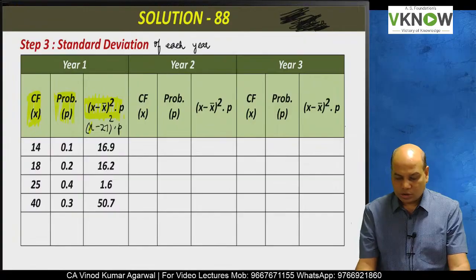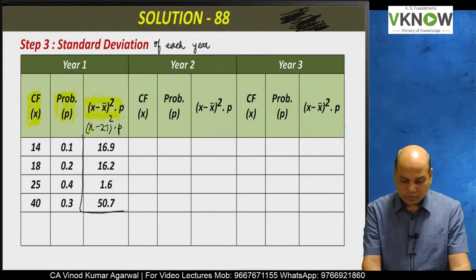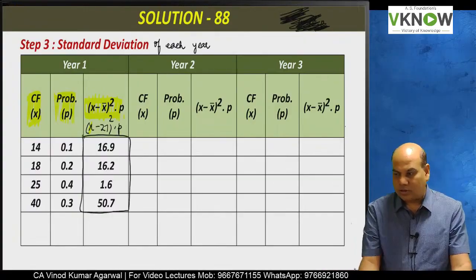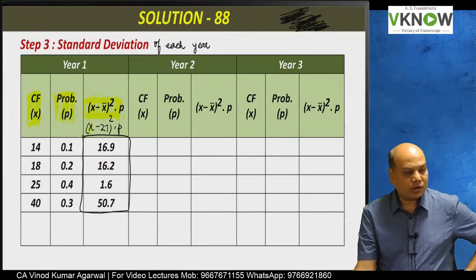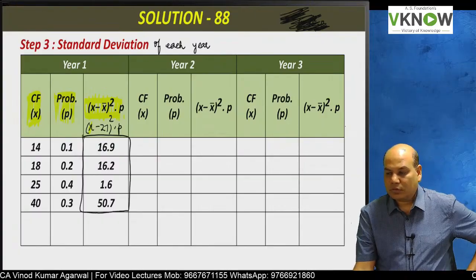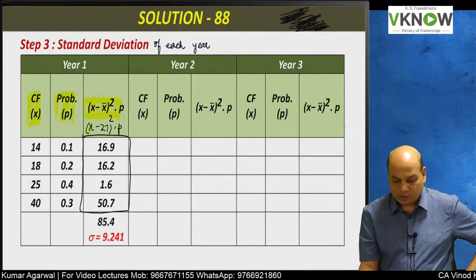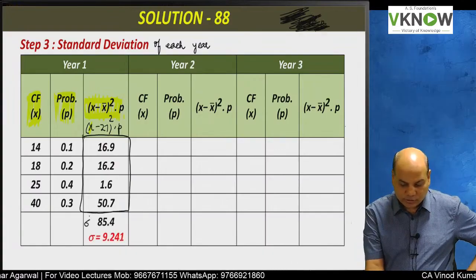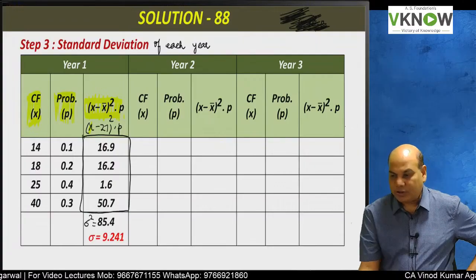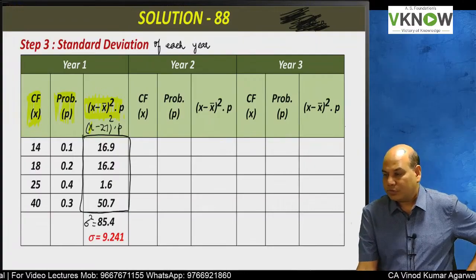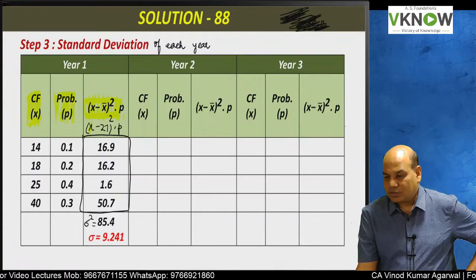Please tell me the total of this. Be active and give me the total. What is the total here? 85.4. This is sigma square.